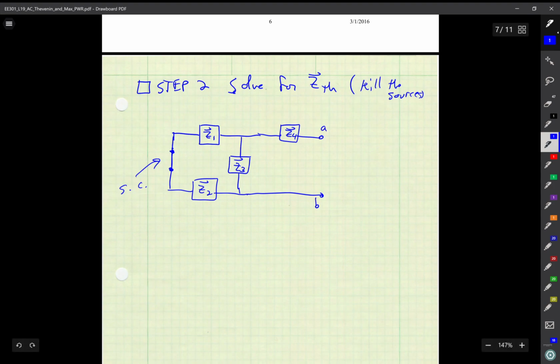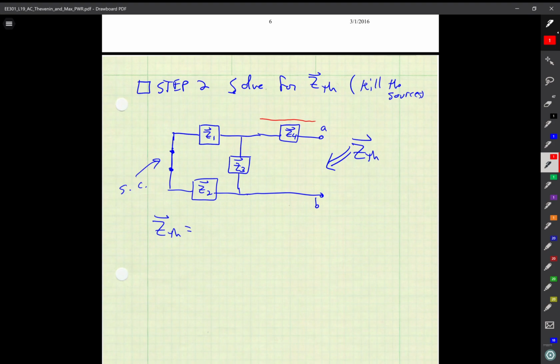Notice here that I have my two terminals, and I'm going to find Z Thevenin. If I follow my path from A to B, I go through Z4, and I have a series connection of Z1 and Z2 going this way, and in parallel with that I have Z3, and they all come back to B.